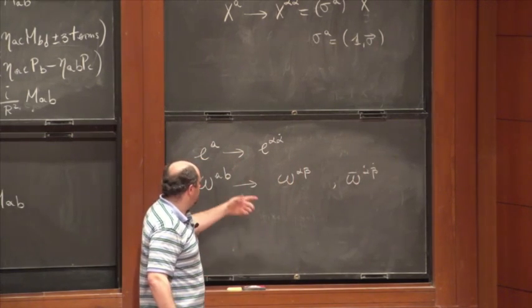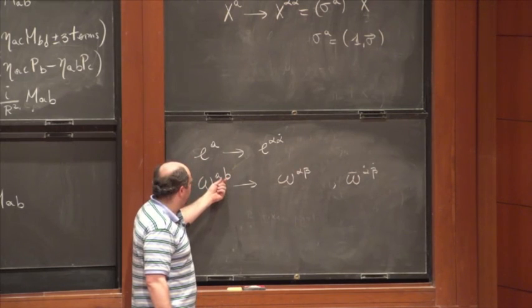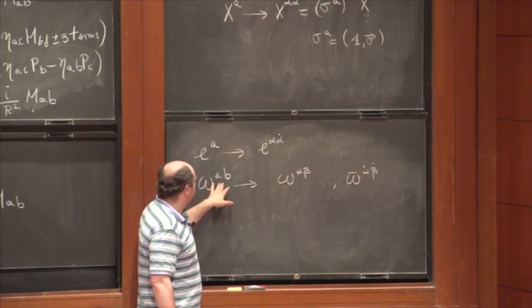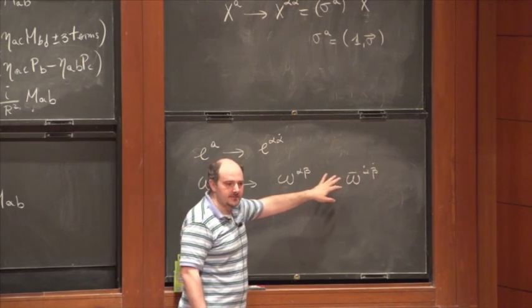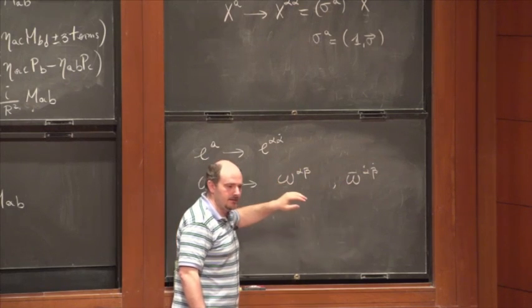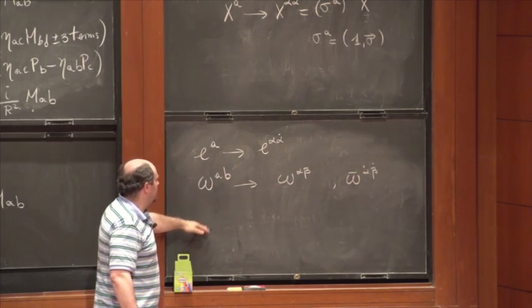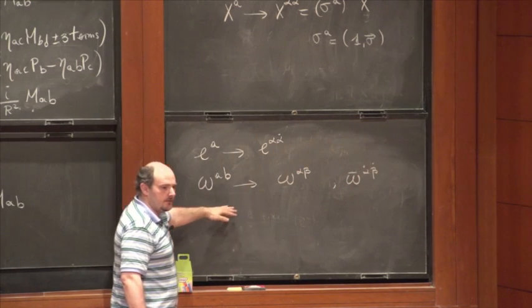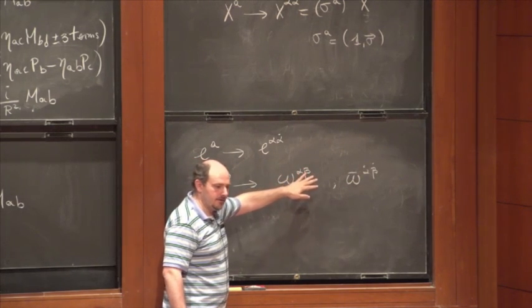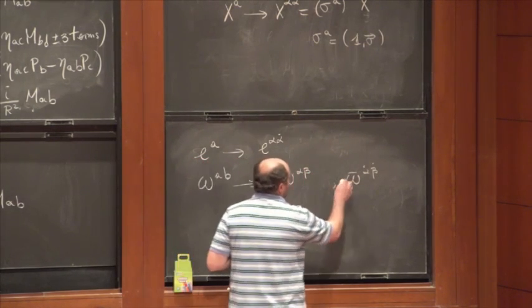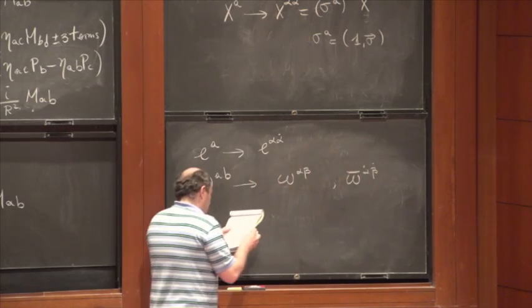Okay, you can count that the number of components that you have here, which is 6, is the same as the sum of this plus this, which is 3 plus 3. Okay, and so on. You can convert all representations in the vector notation to some spinorial language. Okay, so this turns out to be a convenient thing to do, to write down the equations.